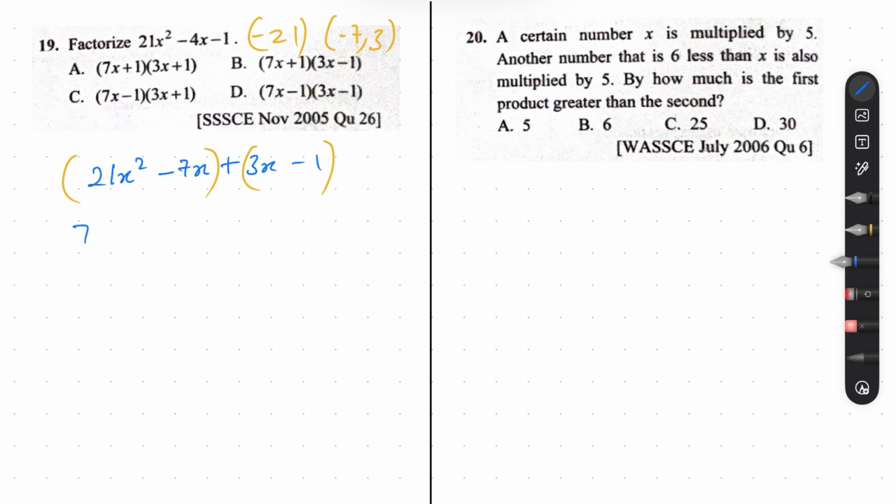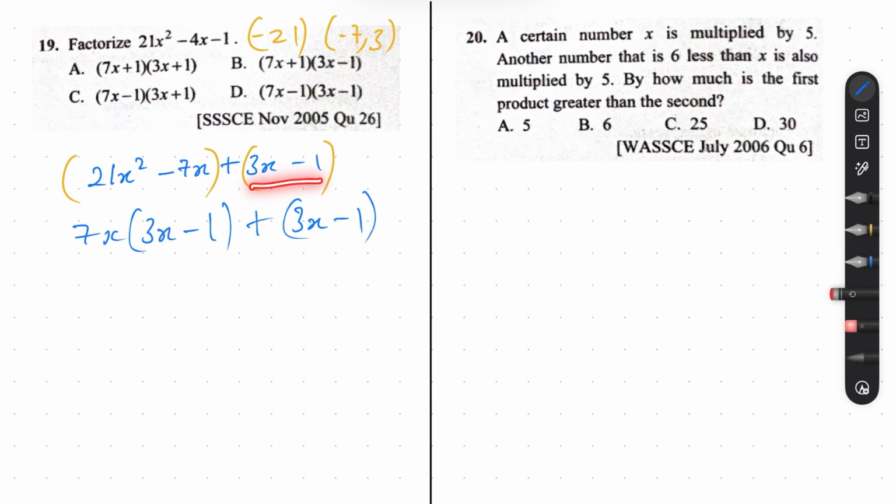So we have 7x out of the brackets. Then 7 goes into 21 how many times? 3. So we have 3, and then x cancels one of the x's here, so we have 3x. Then 3x minus 7x cancels 7x, and we have 3x minus 1. Okay, so we have 7x times 3x minus 1 plus 3x minus 1.